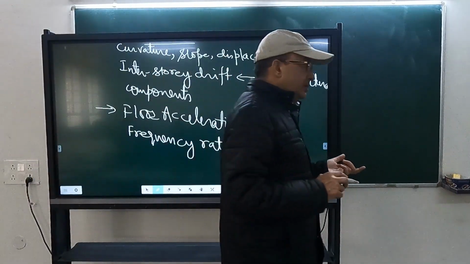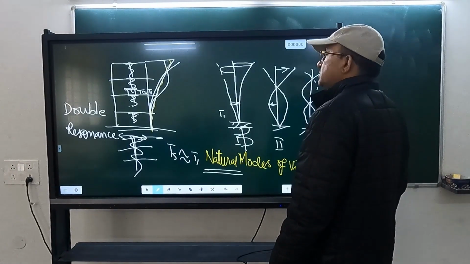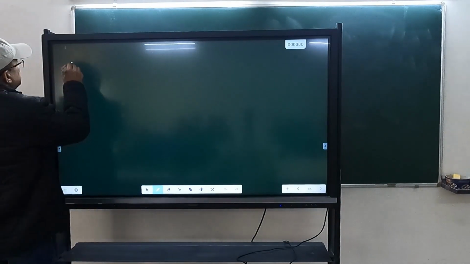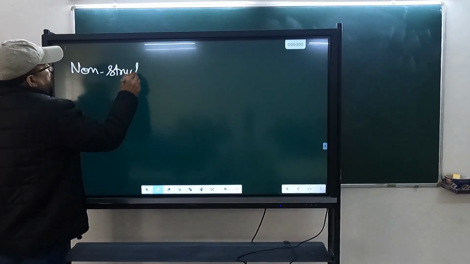If I want to control the performance of my building, I have to control the floor acceleration also, because of some components, these non-structural components, which we classify into 3 categories.